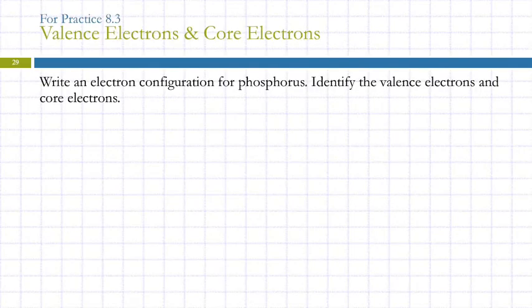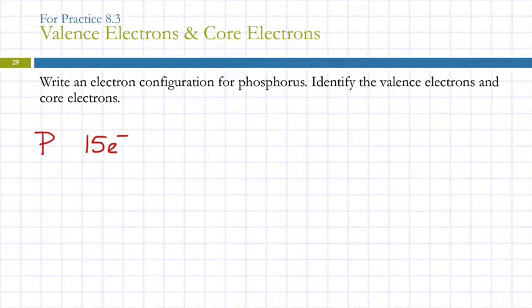Okay. Electron configuration for phosphorus. Identify the valence electrons and core electrons. So phosphorus. How many electrons does phosphorus have? It's got 15 electrons. And looking at its position on the periodic table, what does it end with?